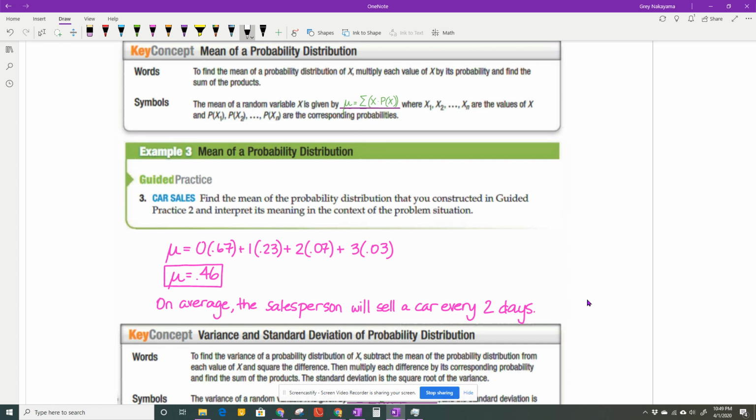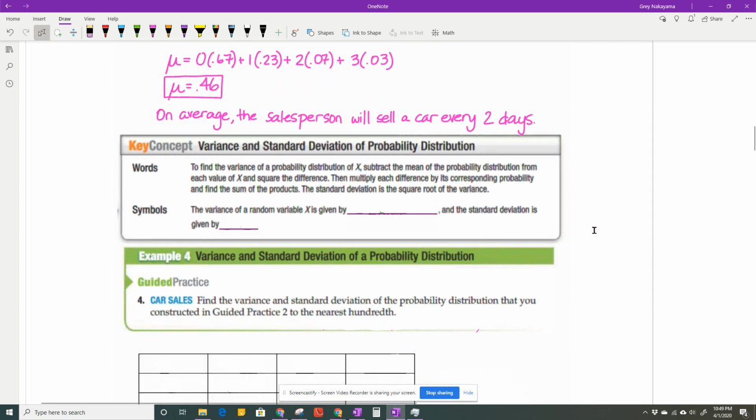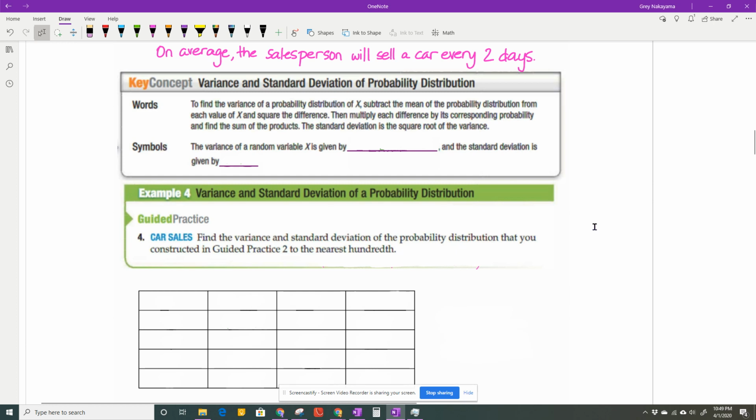Now the other thing you have to do, this is the doozy of the problem, is the formula to calculate the variance and standard deviation of a probability distribution. Here is your formula. Notice right here, this says sigma squared, and that is the variance.